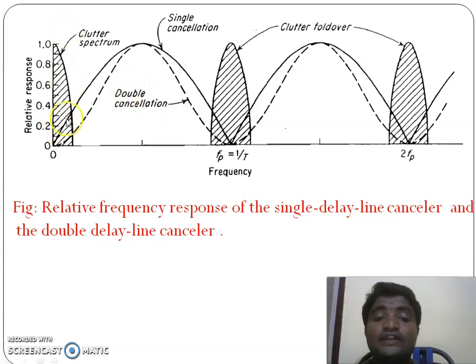The solid line indicates the single delay line canceller frequency response, and the dotted line indicates the double delay line canceller frequency response. By observing this double delay line canceller frequency response, we can say the clutter rejection notches are widened.